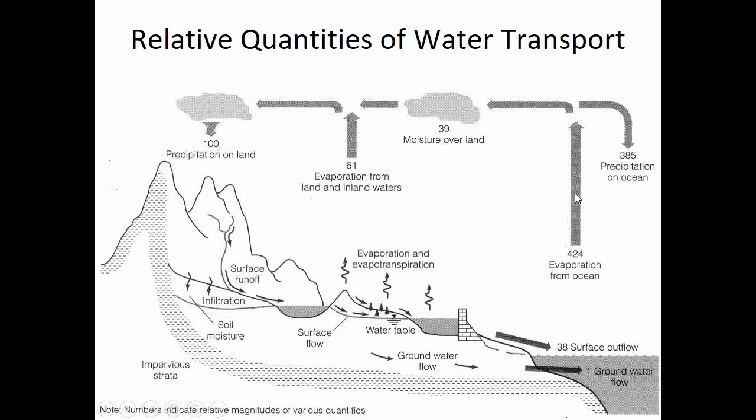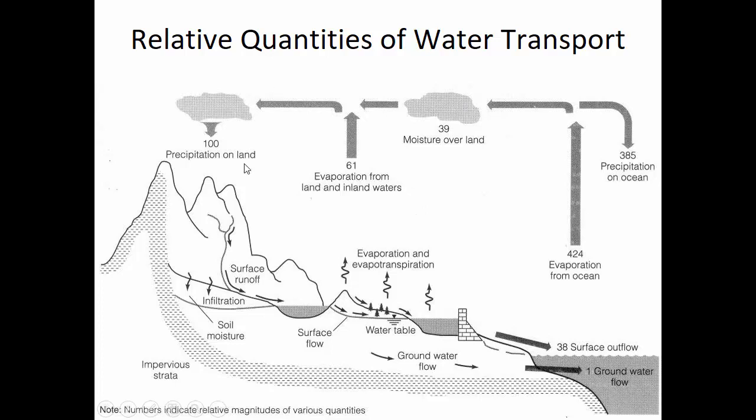The reason is that since most of the Earth's surface is water, of that 424 units of evaporation, the majority of it is just going to be precipitated back onto the ocean. And so some of the precipitation that occurs onto the land is coming from moisture that was generated over the land.